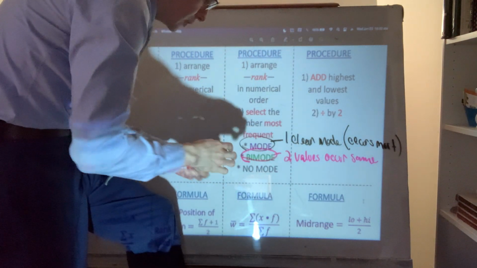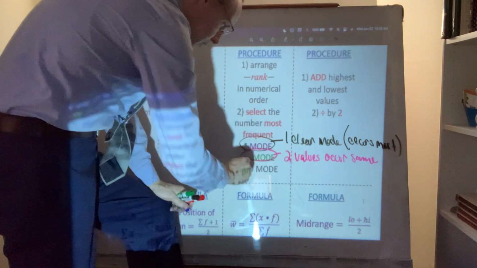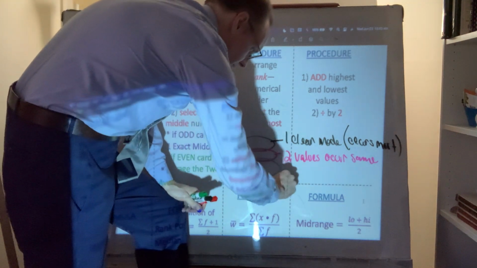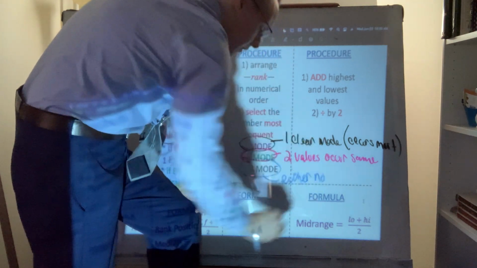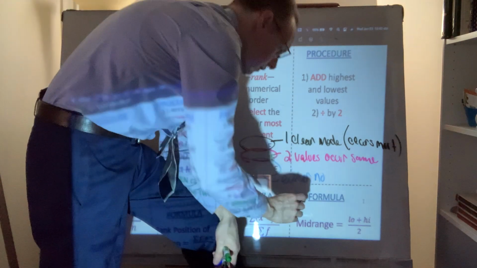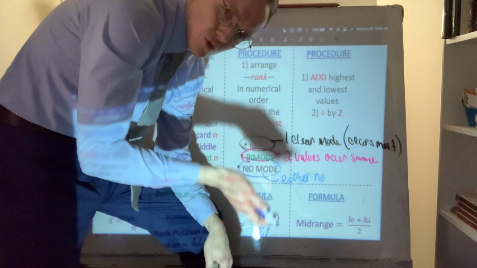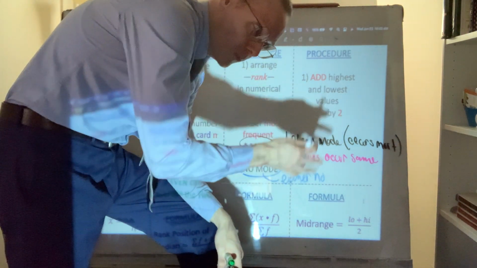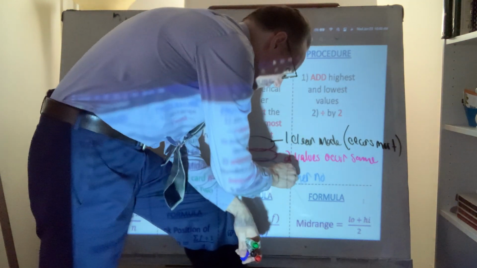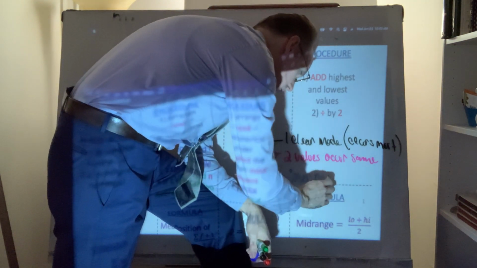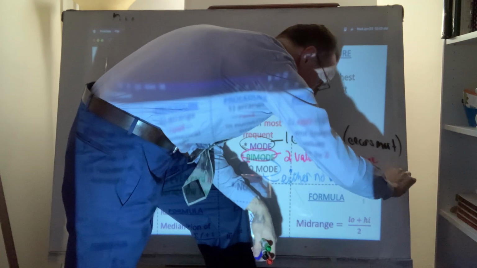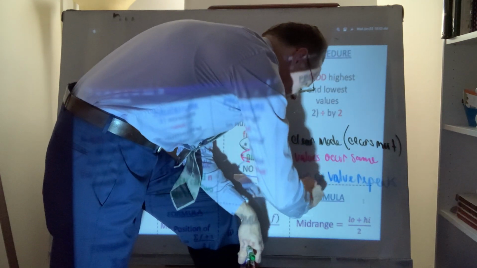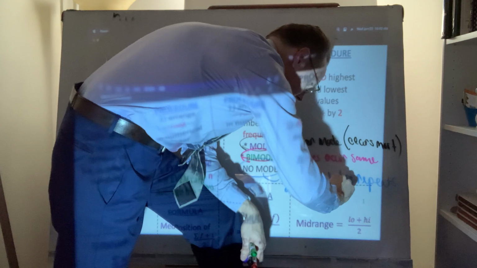And then there's situation 3, where there is no mode, that is to say that there is no clear winner, for lack of a better phrase. No number repeats. Or there's more than a bimode.